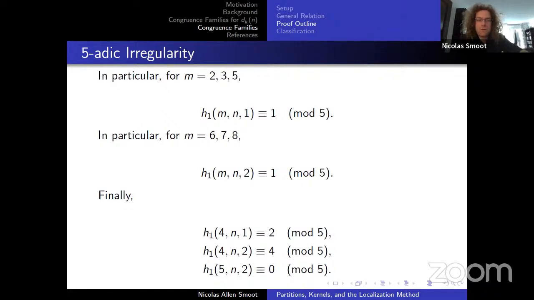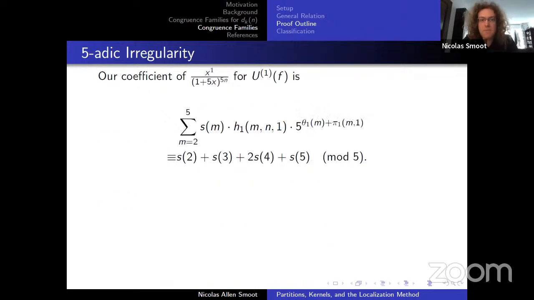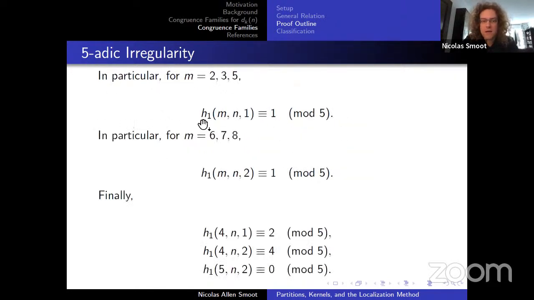For m equals 2, 3, or 5, I can derive this congruence. h1 of mn1 is just 1 mod 5. You don't have to memorize these, but just to say that we can get very, very specific congruences for these auxiliary functions. And with that in mind, when we plug all this in, h1 of mn1 is just 1 mod 5.